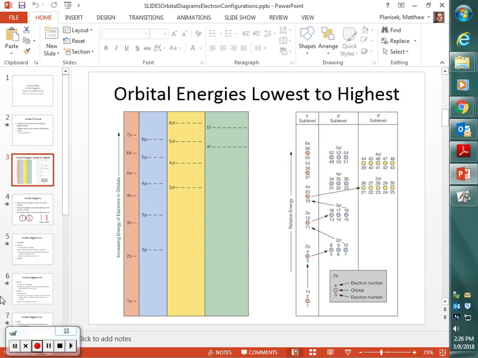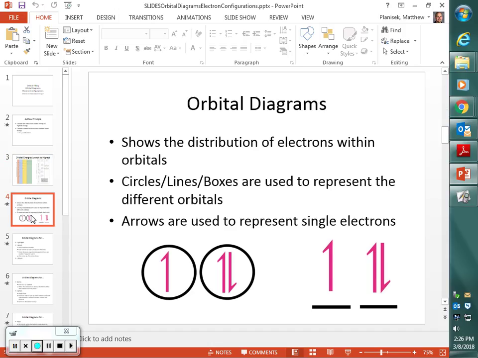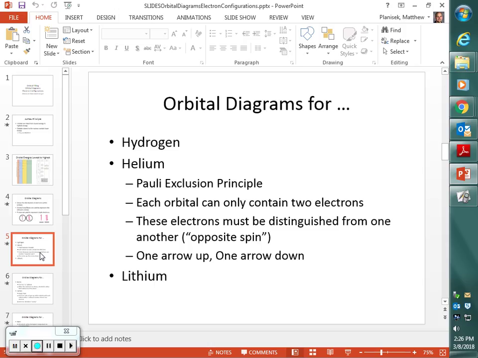Okay. So I kind of mentioned before we started the recording, there are 3 rules to orbital filling. 3 rules to determine which orbitals most likely have electrons in them. The first rule is the Aufbau principle. The second rule we introduced to you on Tuesday was the Pauli exclusion principle.